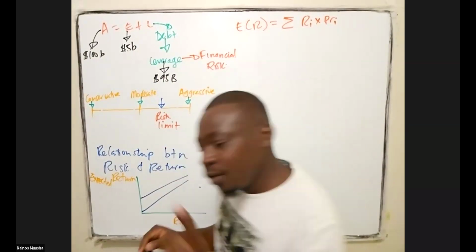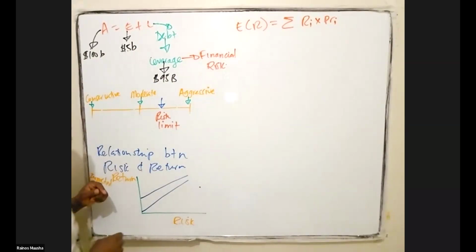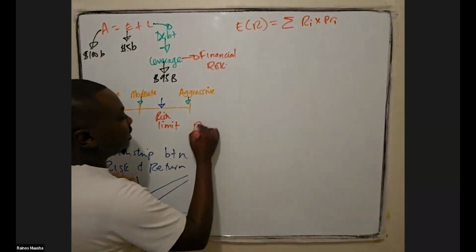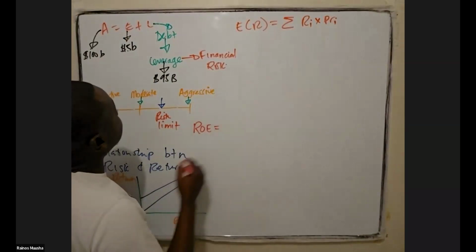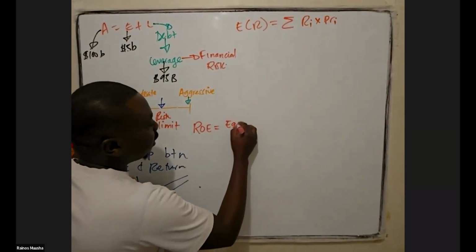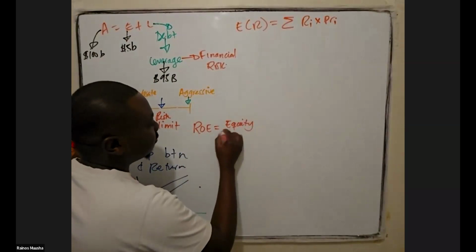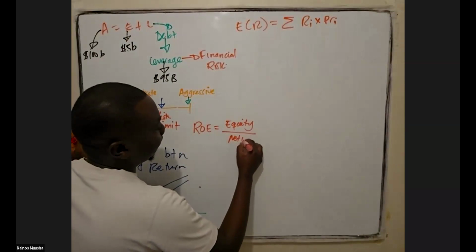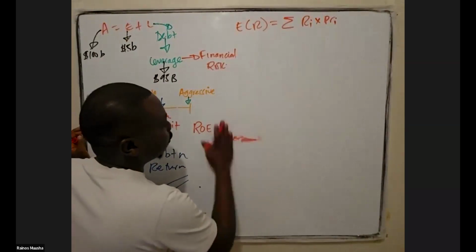But at the same time, what do we know? When equity goes up, there is what they call in finance return on equity. Your return on equity is your value of equity divided by your net income. No, it's the opposite.